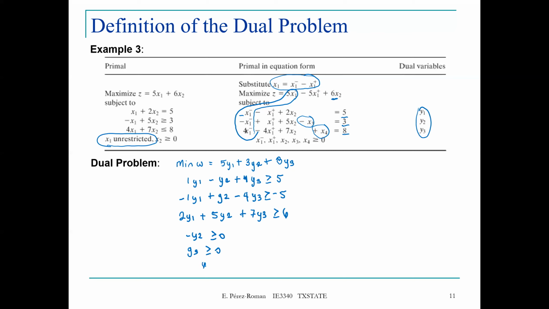And we also have y1, y2, and y3 unrestricted in sign. But you know some of these constraints are going to impose some of those signs, okay? So those are the 3 examples.